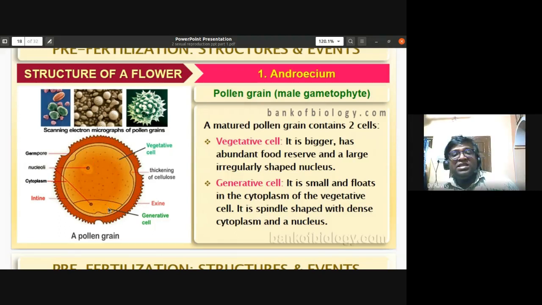Whereas the generative cell is smaller and it floats in the cytoplasm of the vegetative cell.